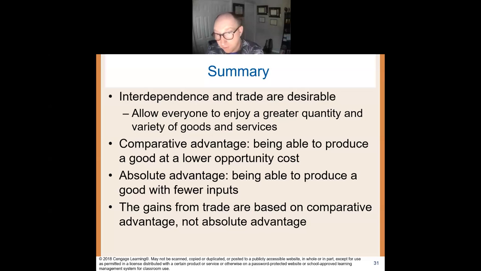With comparative advantage, being able to produce a good at a lower price point represents a lower opportunity cost. Absolute advantage is being able to produce a good with fewer inputs. In other words, fewer hours, less total cost. That's absolute advantage. And of course, the gains from trade are based off of comparative advantage, not absolute.